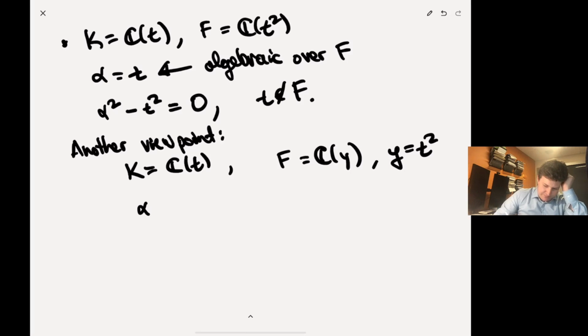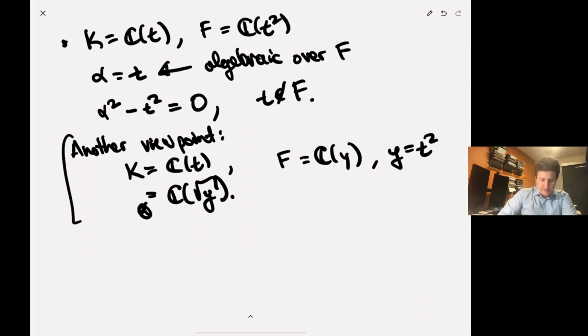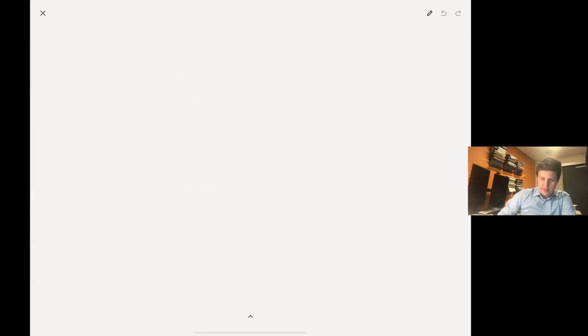So it's like adjoining the square root of Y. There's an equivalent way: you view this as a formal variable, and one is the square of the other.